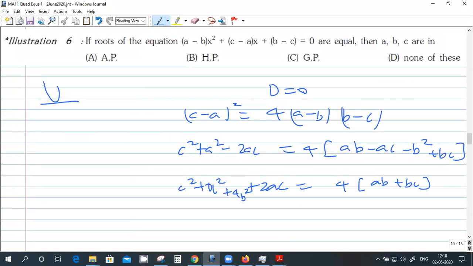Yeah, there is one small catch. That's why in mathematics you have to practice. You have to recognize the pattern. This is A square, 4B square is 2B square, right? Plus C square. And then minus sign is missing or what? Plus 2AC.